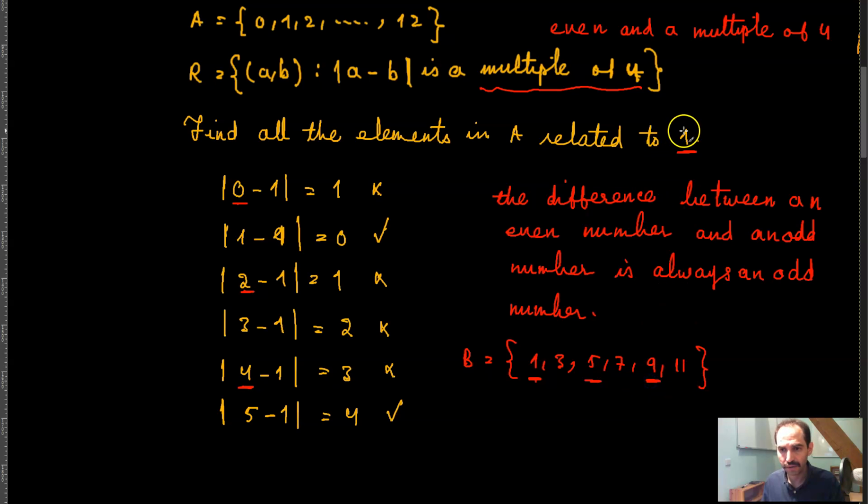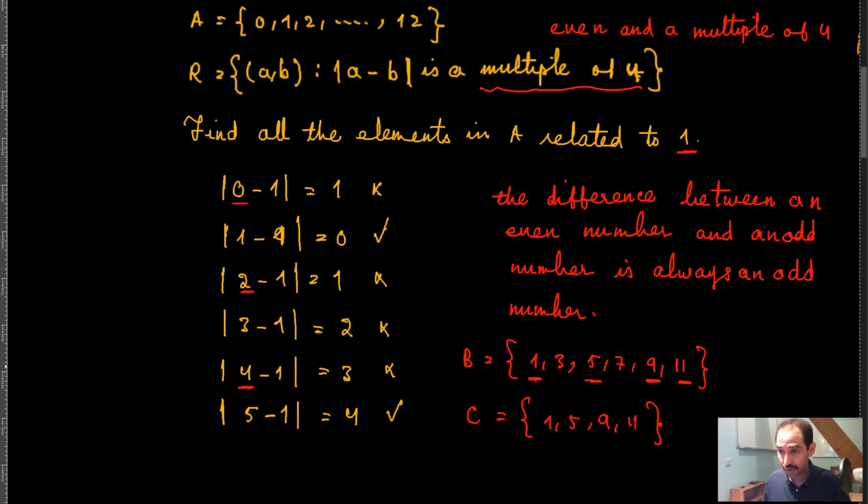So the set that we are looking for, C for example, is 1, 5, 9 and 11. I'm surprised to see that 11 is not actually in the solution. Let me see.